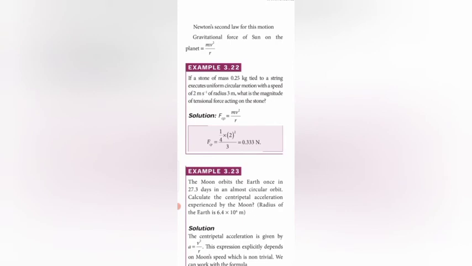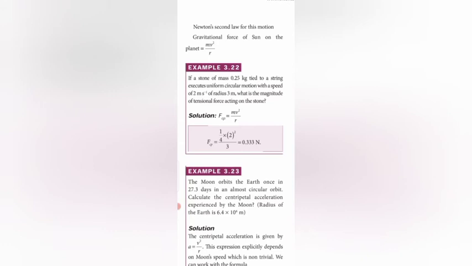See that problem, it's a very simple problem. If a stone of mass 0.25 kg tied to a string executes uniform circular motion with a speed of 2 meter per second and a radius of 3 meter, what is the magnitude of the tension force acting on the stone?